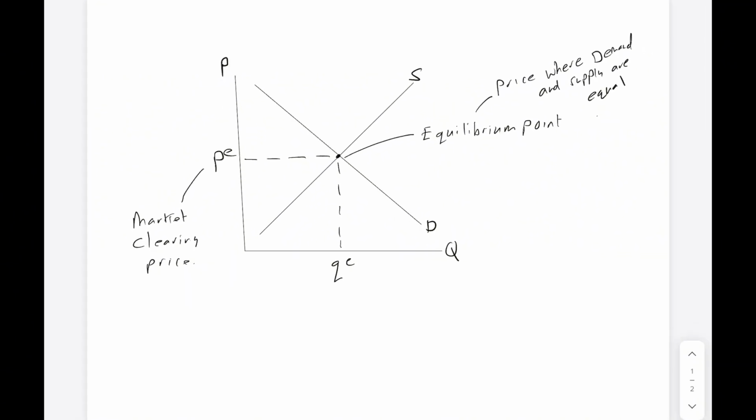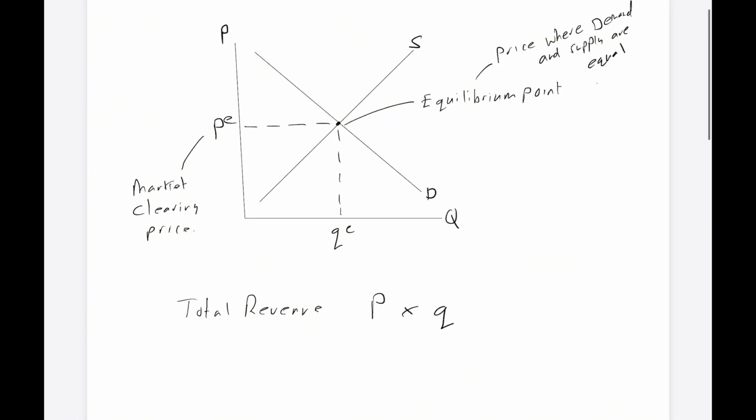One other thing we can now work out here is the total revenue. The formula for total revenue is the price of the product multiplied by the quantity. Now, QE also represents the actual quantity of the product sold.